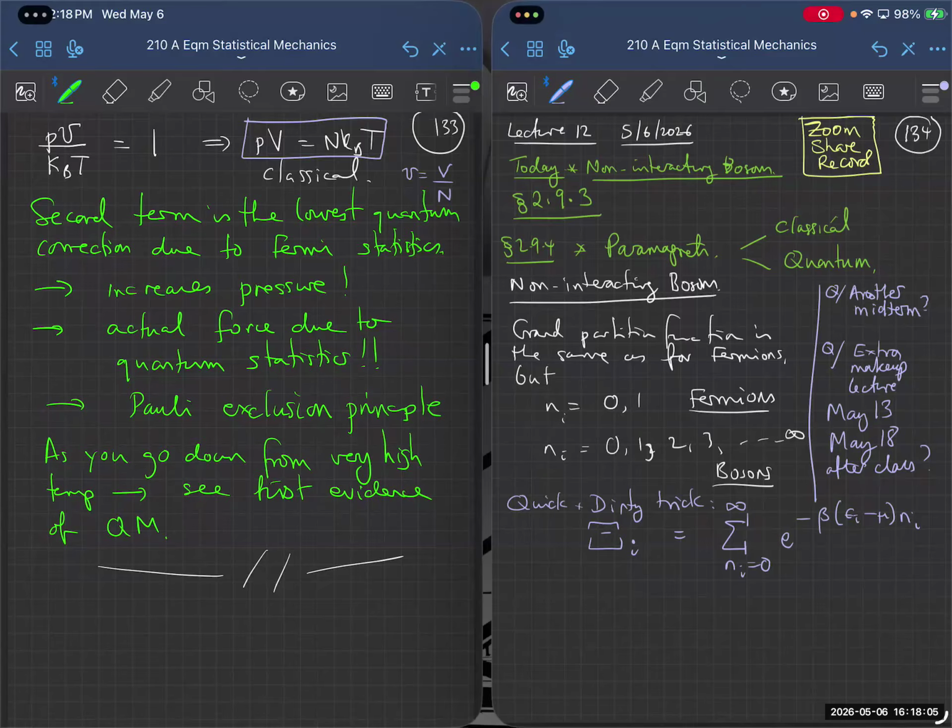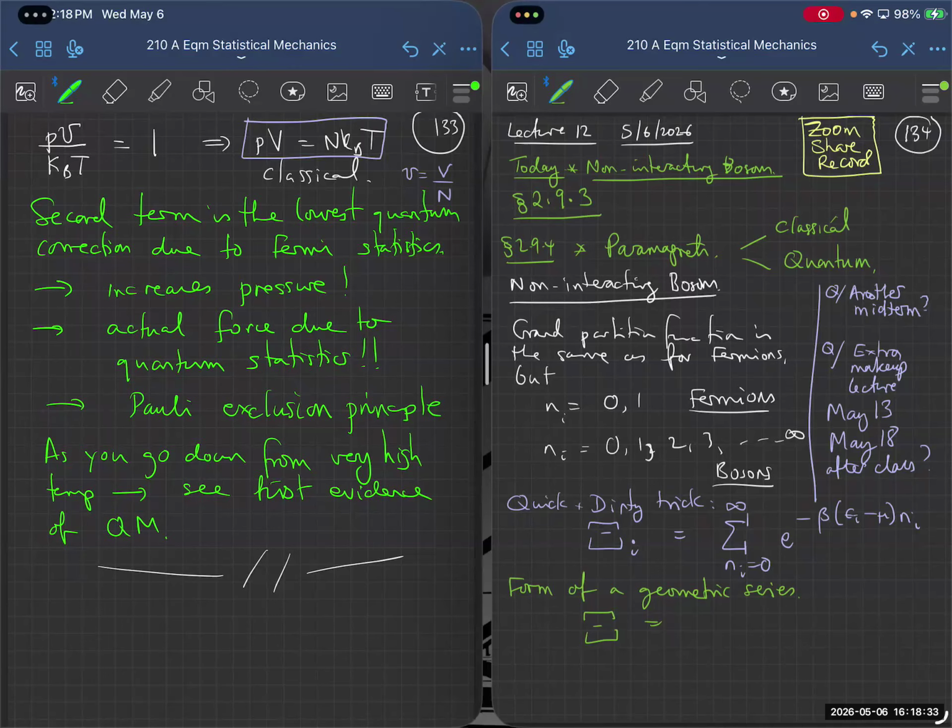Now we have to sum from 0 to infinity. So this has the form of a geometric series, and we know how to sum 1 plus x plus x squared plus x cubed and so on.